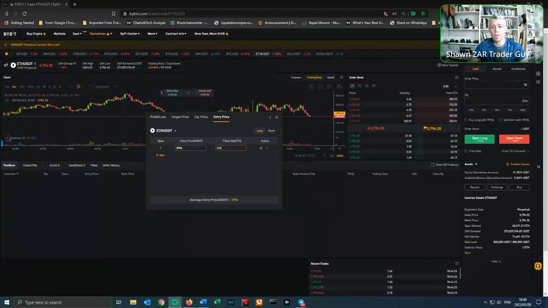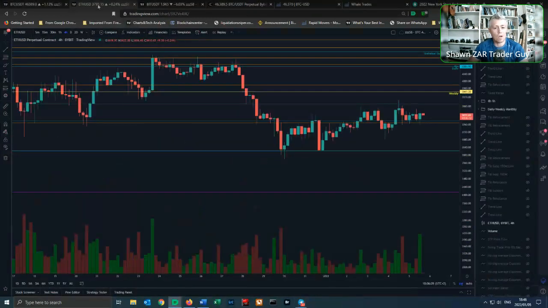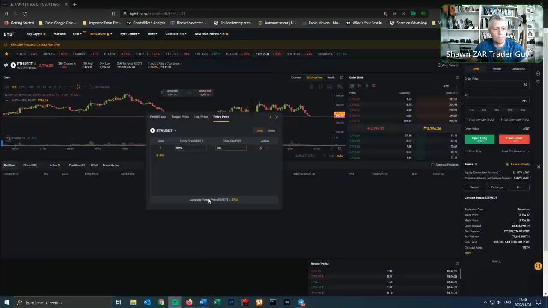And what happens is that price all of a sudden retraces right down to this $3,625 level, which is a very strong area of support. Let's say I then open that screen up again, I want to see what my average entry is going to be. So 3,625, and I add another $600. There you can see my average entry price has changed from 3,794 to 3,709.